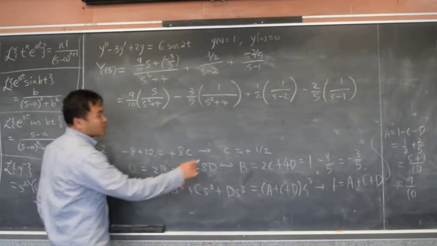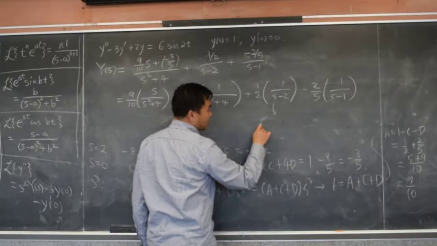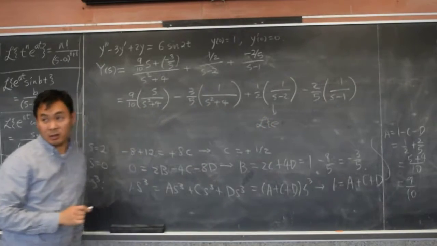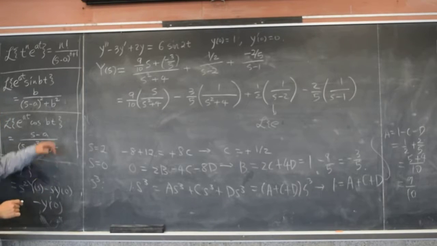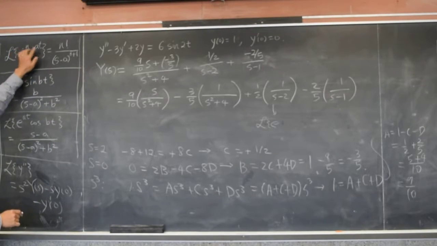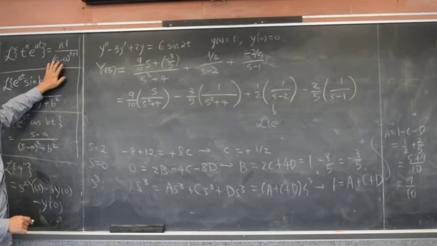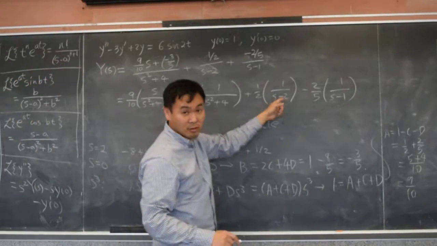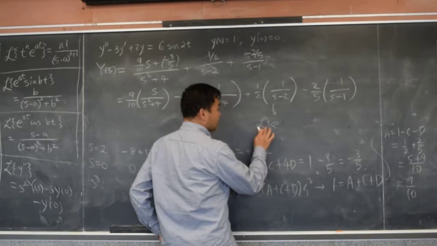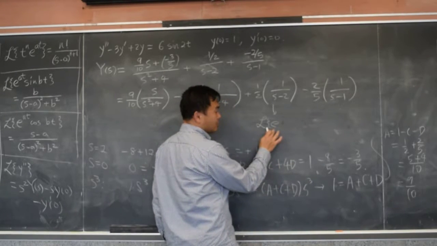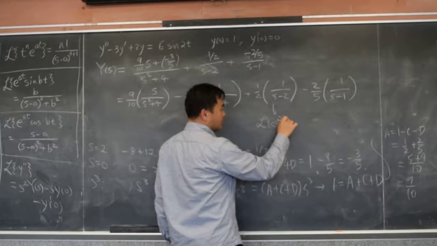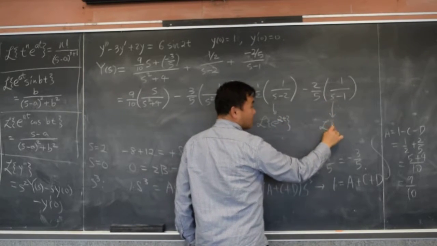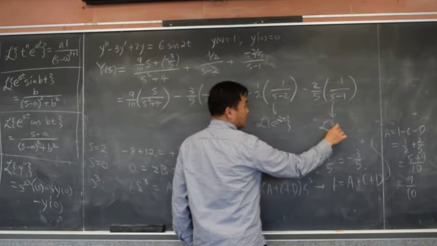So where is this from? This is a Laplace transform of e to the... Look, if n is 0, it's 1 over s minus a, right? What's a here for that to match with this? 2. So it's the Laplace transform of e to the 2t. What about this one? That's the Laplace transform of e to the t.